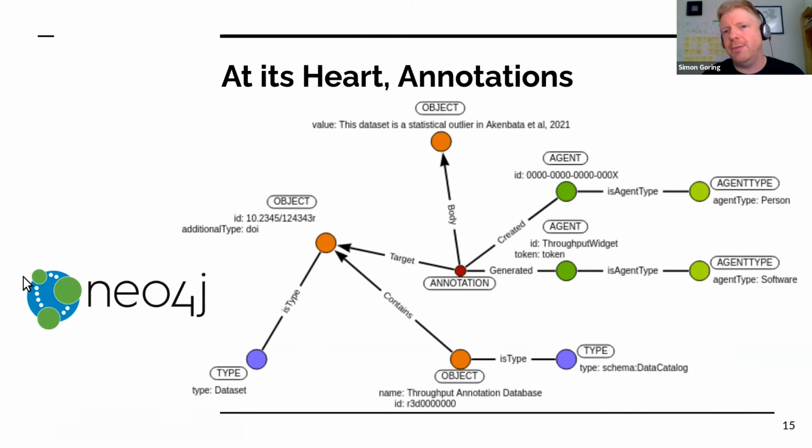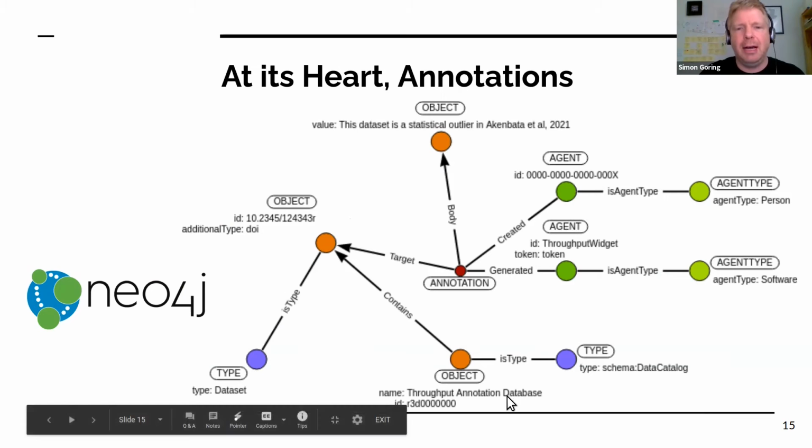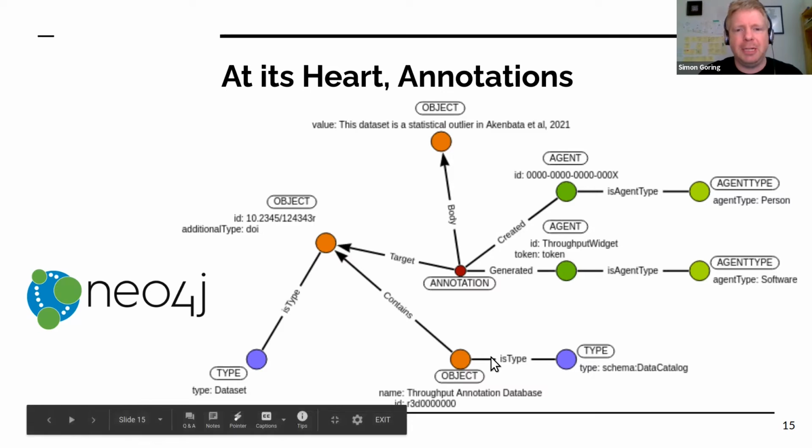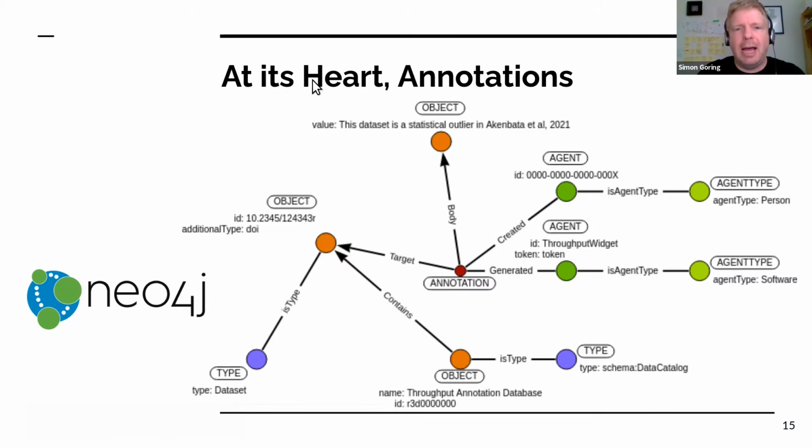We use a Neo4j graph database. And so here we have an annotation. In this case, what we're doing is we're annotating a data object. The object has its own data DOI, using DataCite, and the object is contained within a database. And then we can add annotations that may not be part of the original database metadata.